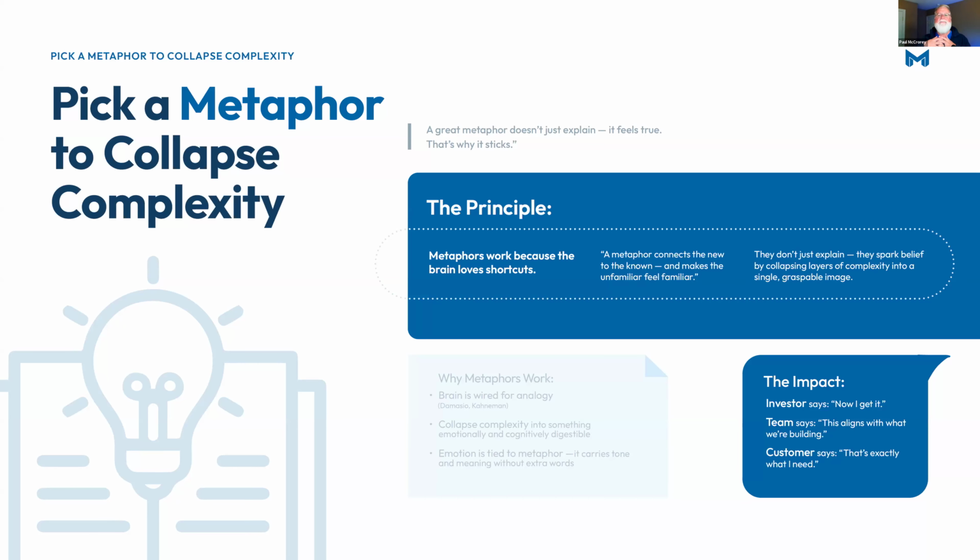Almost all the things you're going to do are unfamiliar because you're doing something new. It's innovation, a new product. So it's critical that we connect it to something that someone already gets. And it really doesn't have to be clever. It just has to be true. It's something that people can connect with.